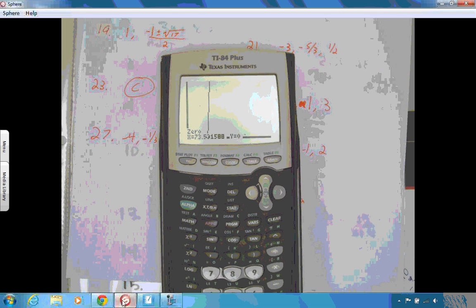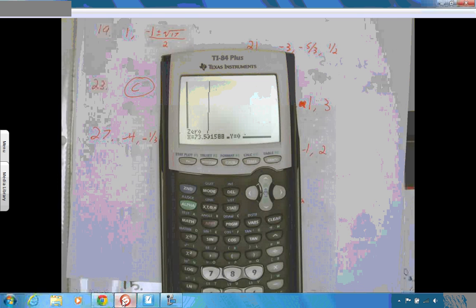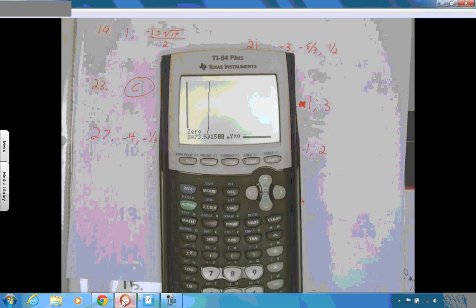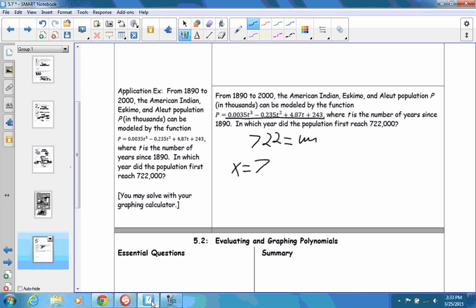So what does that mean, guys, my answer of 73? So I got x equals 73. That's my 0. That's great. But 73 what? It's actually 73.5. The number of years, guys, x or t, right, is the number of years since 1890.